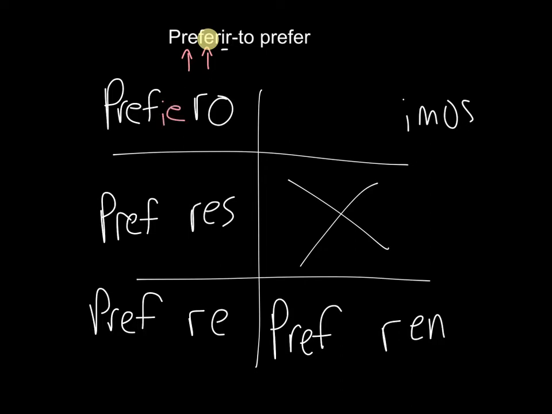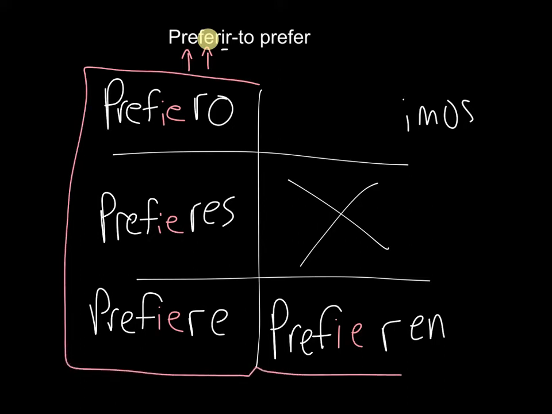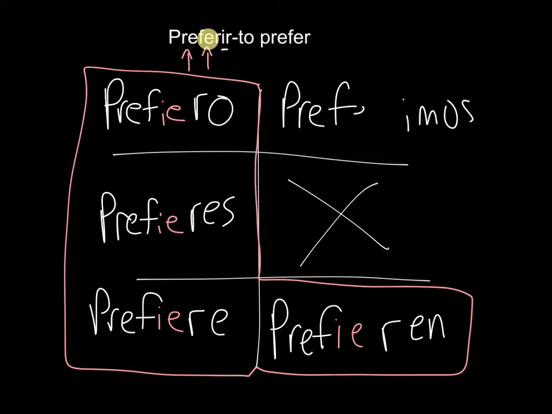F-I-E: prefiero, prefieres, prefiere, prefieren. This forms our boot. So hopefully you remembered not to do it in the nosotros. In the nosotros, it's the same. You don't do an E to IE at all. So it would be P-R-E-F-E-R-I-M-O-S, preferimos.